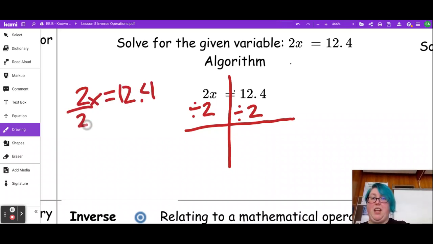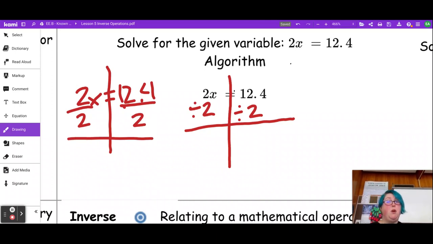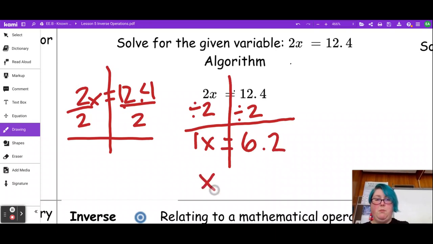I like to just make it a fraction because in my brain, that's easier. So either of these, they both show the same thing. It doesn't matter which you use, whichever one makes more sense, because 2 divided by 2 is still 1x, and that is still going to equal 6.2, which can be rewritten as just x equals 6.2.